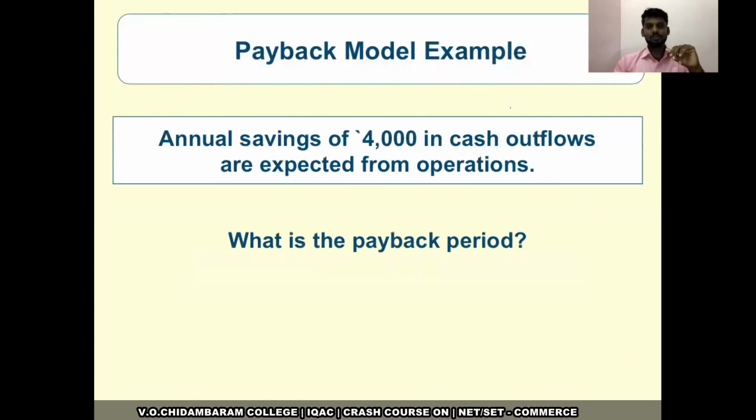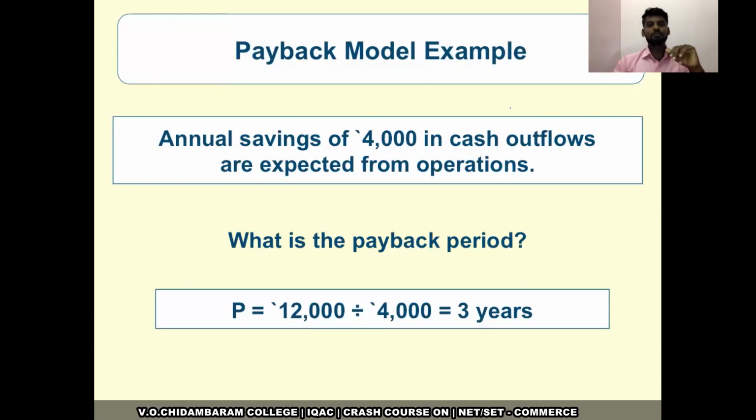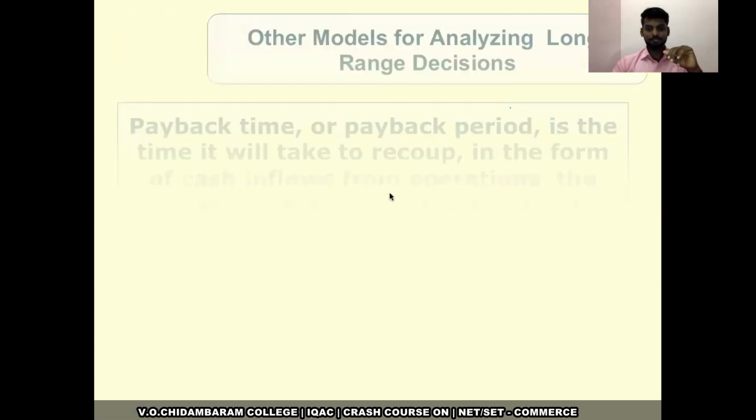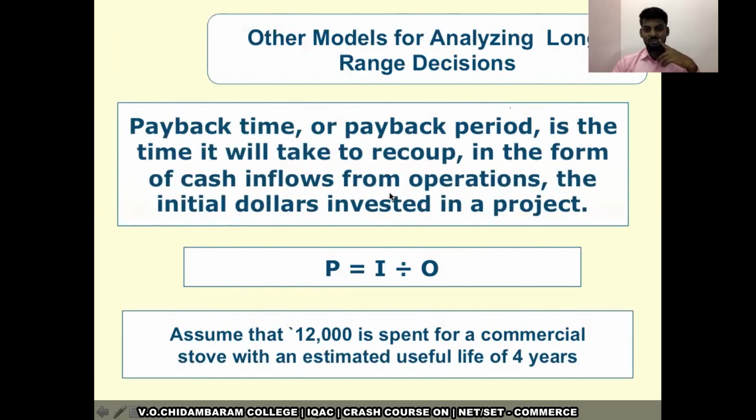Assume that 12,000 rupees is your initial investment. Payback period is equal to initial investment divided by cash outlay, right? So spent on a commercial item, with an estimated life of 4 years.